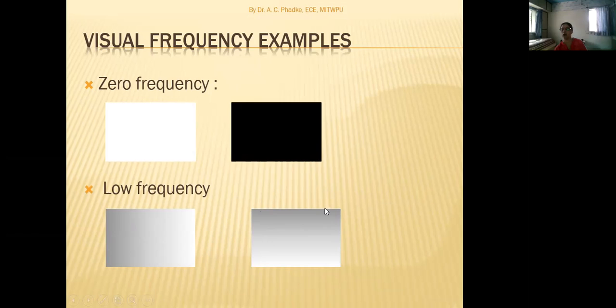So along columns, frequency component is 0. Similarly, for the last row, all the pixels have value 255. So the frequency component is 0 along all columns. There is no variation along the columns. But if you consider variation along rows, the intensity value is slowly varying. So these are examples of low frequency content in an image.